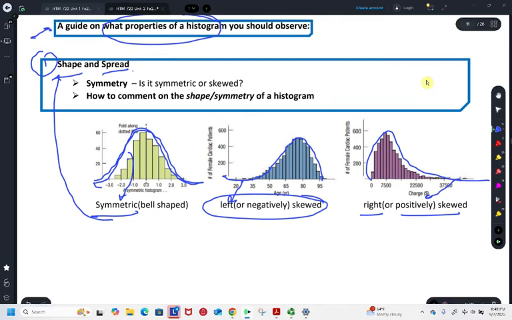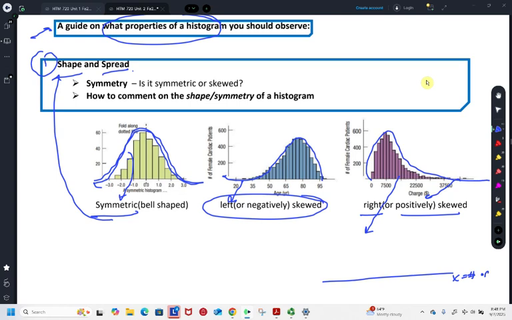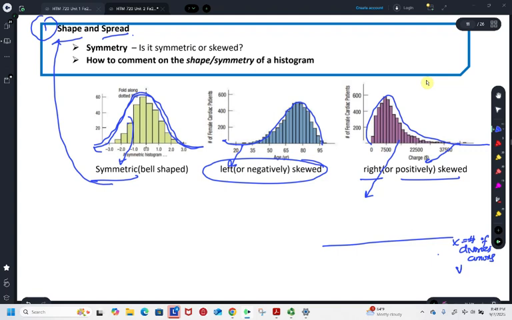An example of a data set that might be positively skewed is the number of divorces among US adults. You will notice that small values, 0 divorces, 1, 2, 3 divorces, are very common.